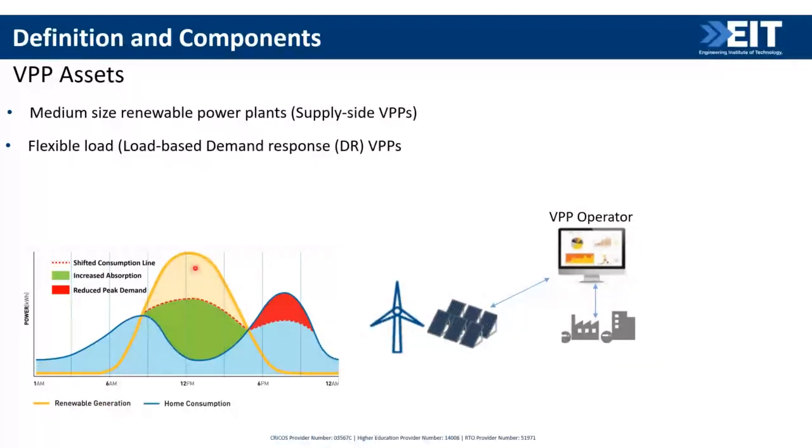It's shown by yellow. And you see that around 12 p.m., the wind speed is very high, maybe because of a storm, and when the wind speed is very high, the wind farm generates more power than what was expected or needed.